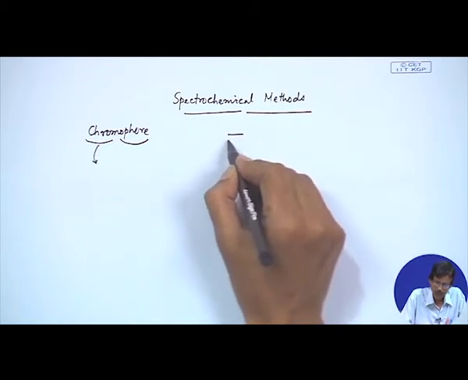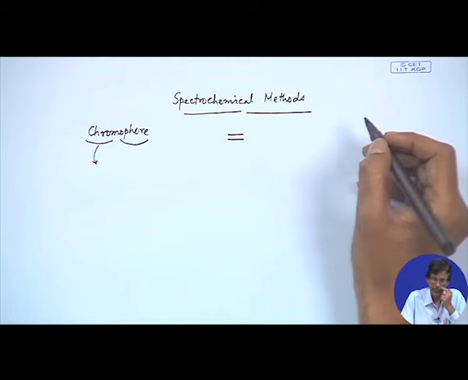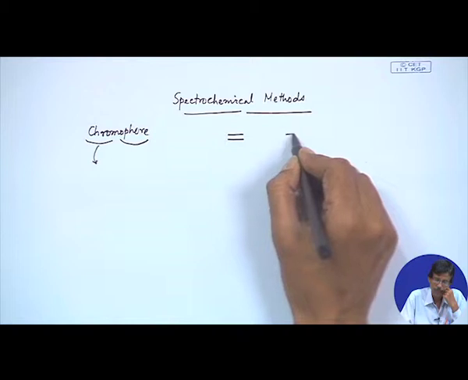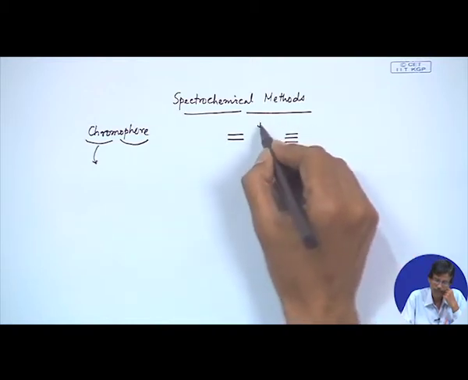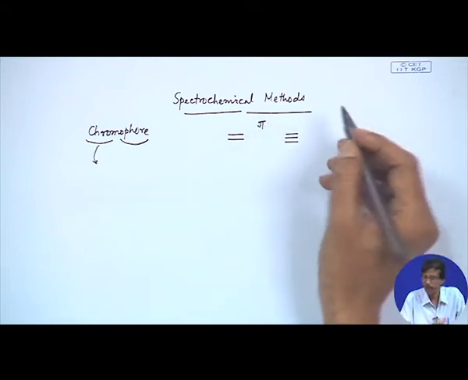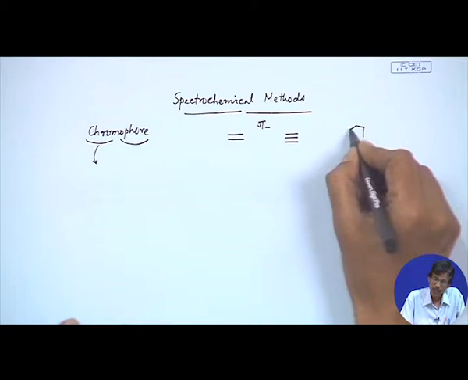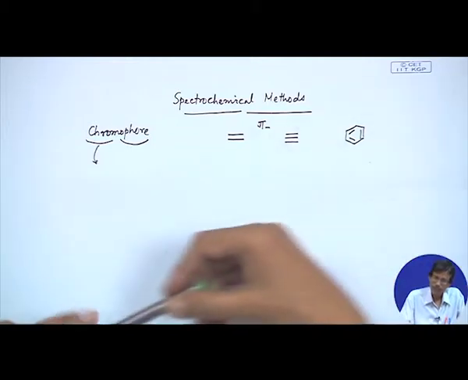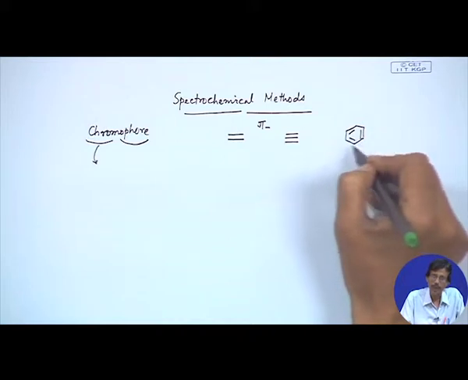And we have just also seen in our previous class that if a particular bond is made up of a double or a triple bond, and we are just simply looking for the pi electron density or pi electron cloud, even if it is present in your simple benzene ring, because we all know that in a benzene ring we have that delocalization of the pi electron above this plane and below this plane.